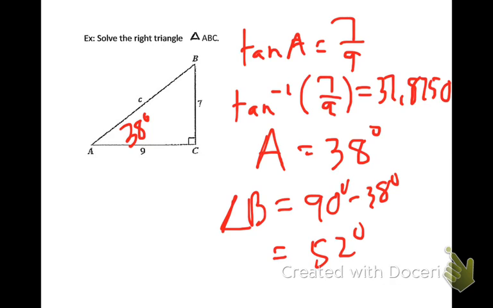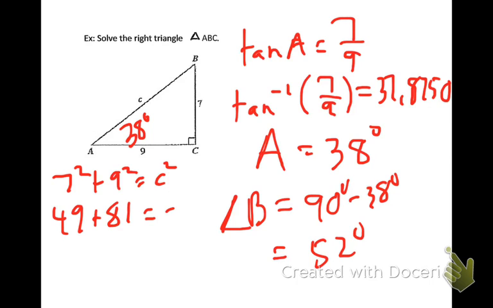We could do sine. What's another way we could do it? Pythagorean theorem. Yeah, let's do Pythagorean theorem. So we'd have 7 squared plus 9 squared equals c squared. So that's 49 plus 81 equals c squared. So 130 equals c squared. So c equals approximately 11.4.